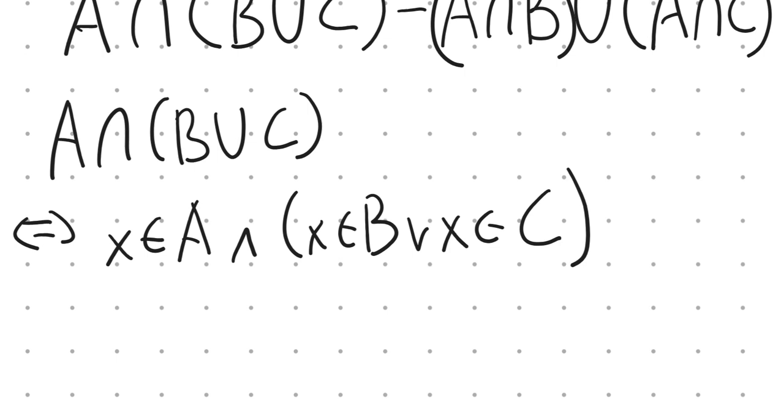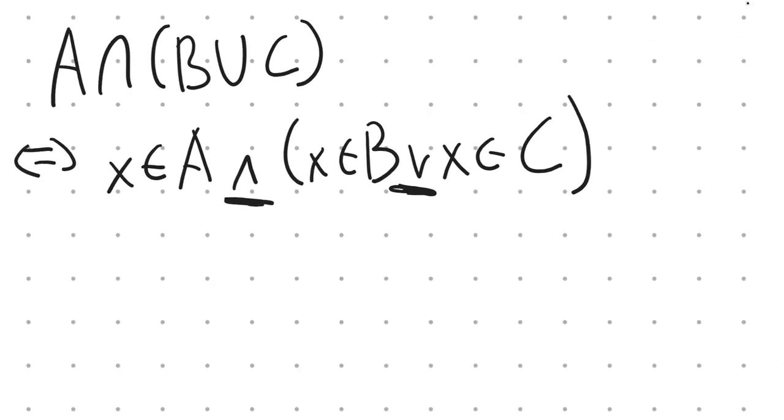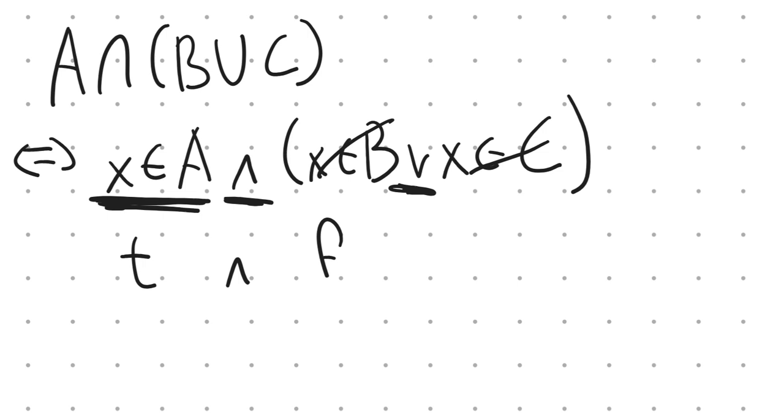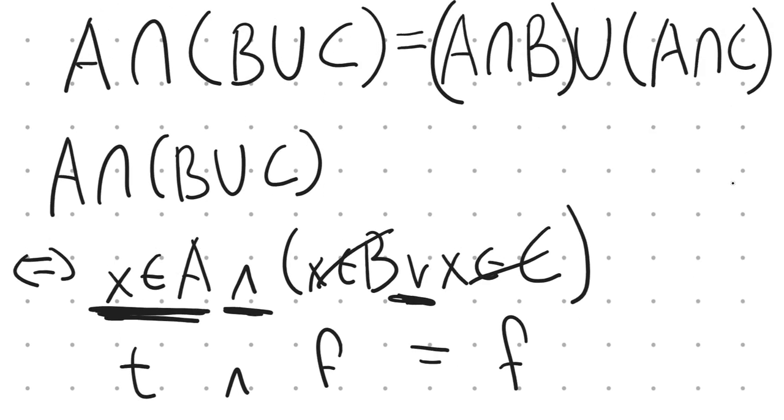Now, we have different kinds of logic symbols, and, or. Then we can see that if x is in A, only in A, then this is a true statement, okay? And this is false and false. So we have true and false. So it's false. Now let's look at this one.